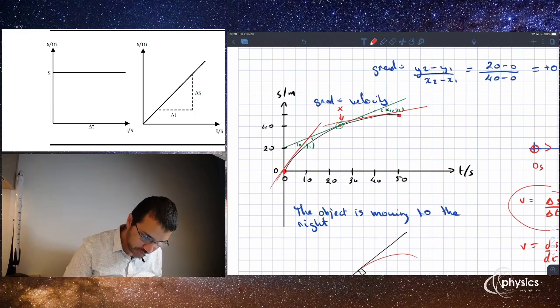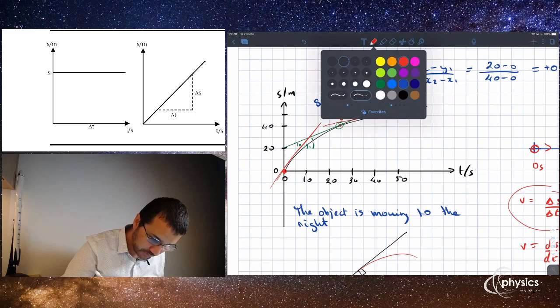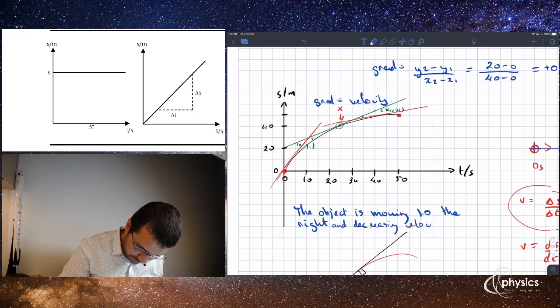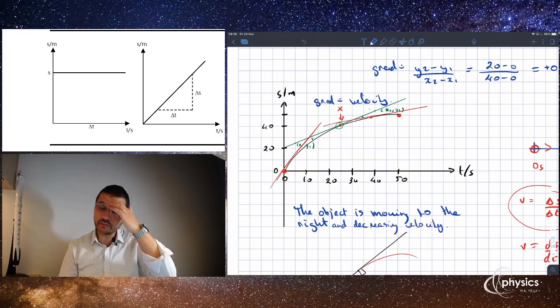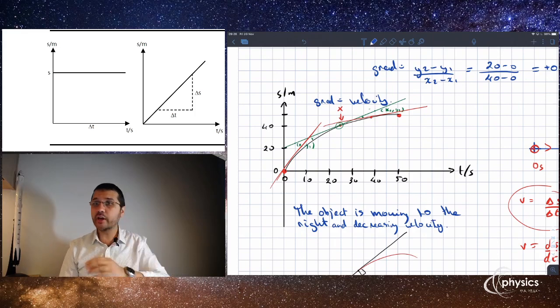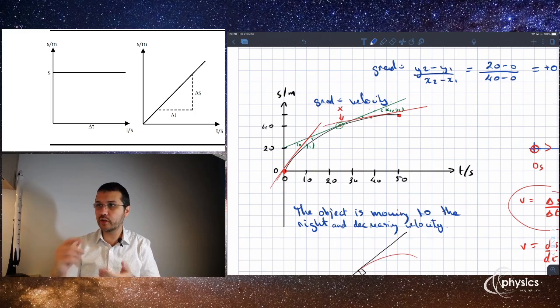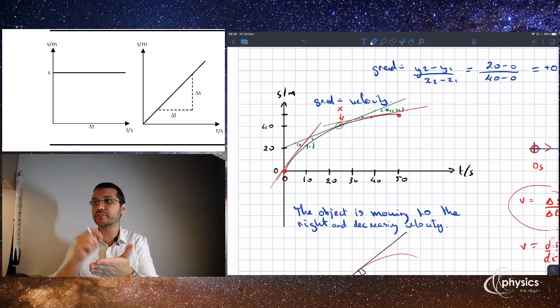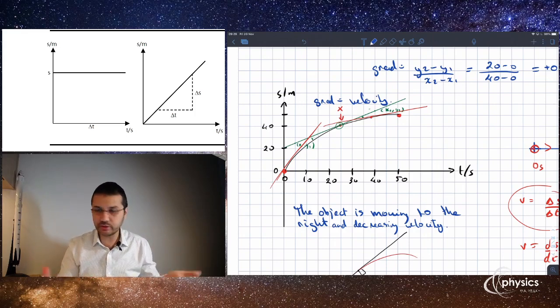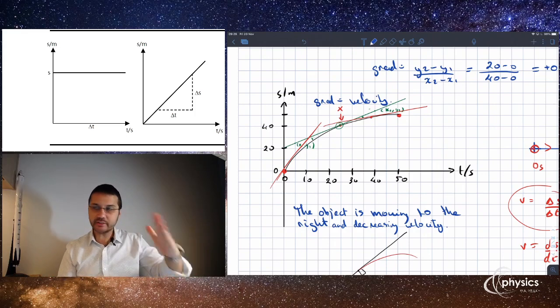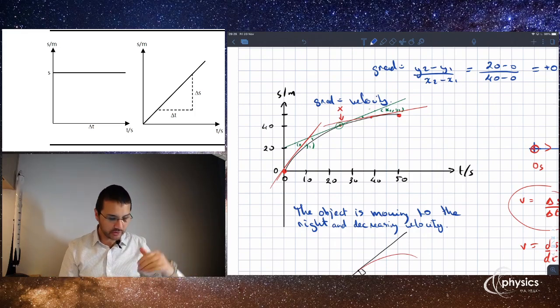Therefore, the object is moving to the right and decreasing velocity. You only have to find the gradient at a point if you are asked to, and the point has to be marked. But at least we know that the gradient is decreasing, therefore the velocity is decreasing.